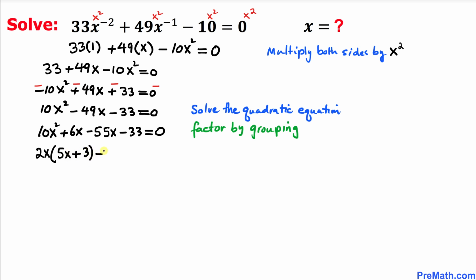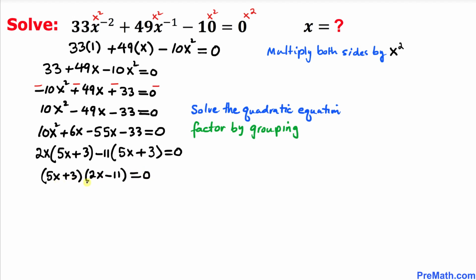And the next one, negative 11, we're going to factor it out, so we get 5x plus 3 equal to 0. Now we can see that 5x plus 3 is in common, so let's factor that one out. I can write (5x plus 3) times (2x minus 11) equals 0.